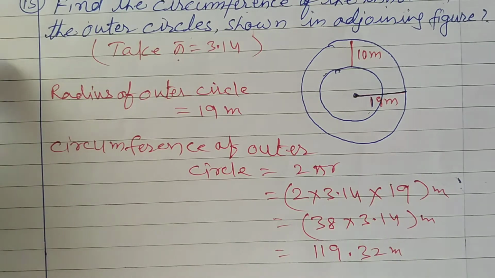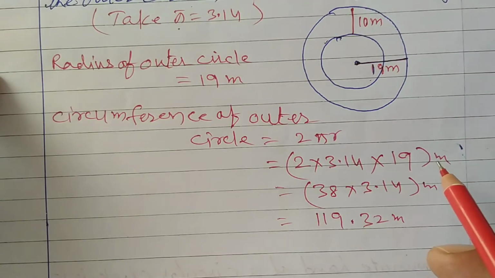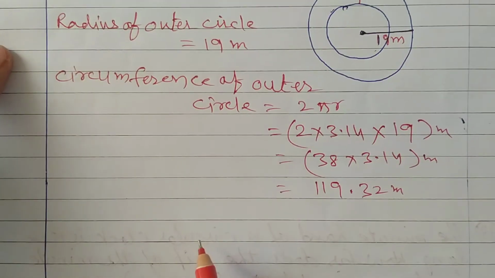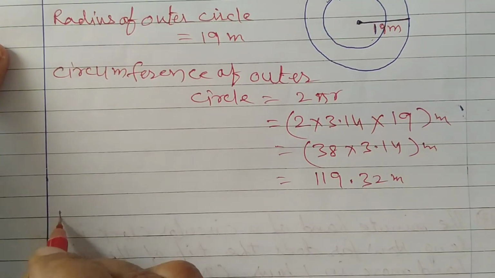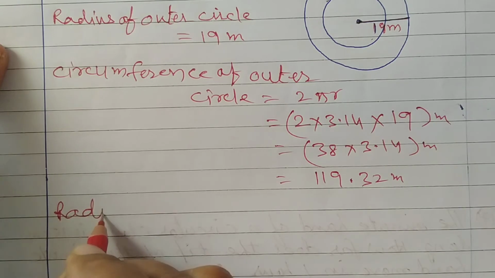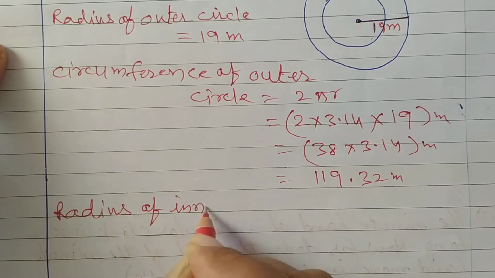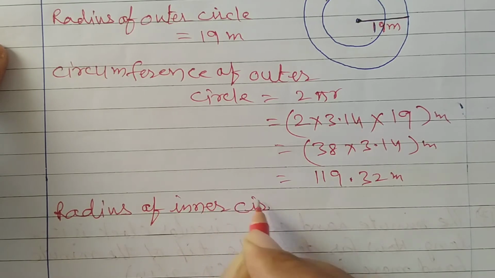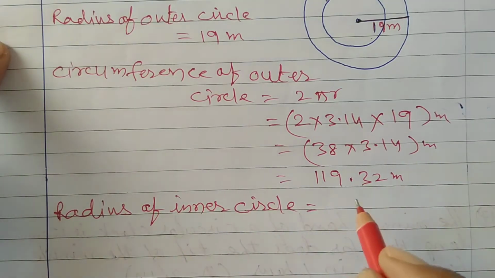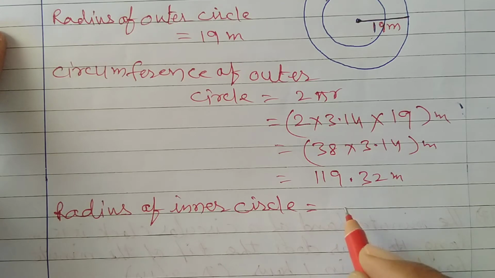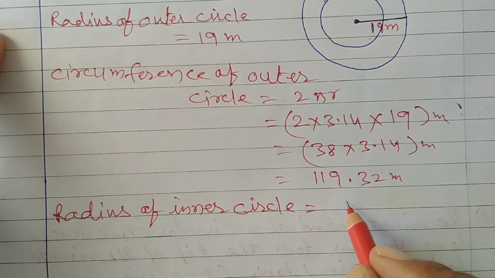Okay, after that you can find the radius of inner circle. Radius of inner circle equal to, we have to find.